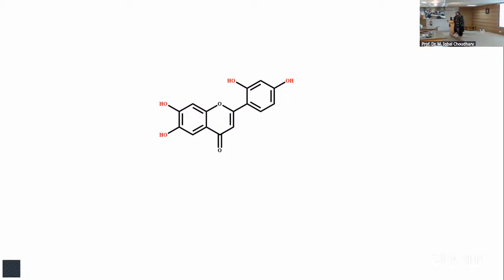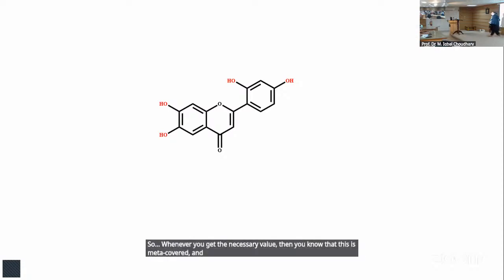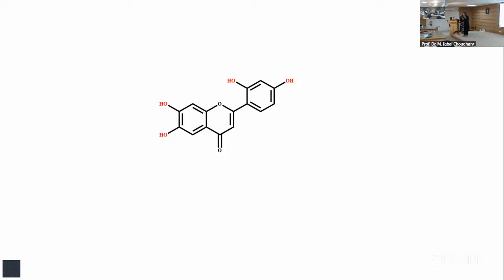And when the protons are ortho to each other, they have a J value from 6 to 8 hertz. So whenever you get the smaller J value, you know that this is meta coupling and it should appear as a doublet. Why doublet? Because of the presence of this meta proton.